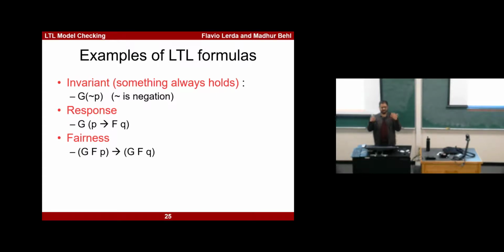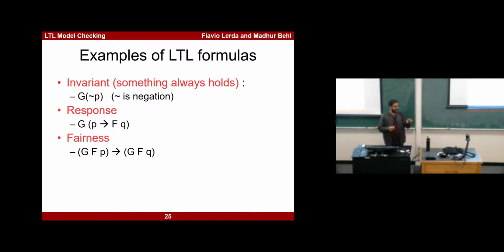Let that settle in. It might not be true if we sample a trace of just 10,000 finite elements. It might not be true that P and Q occur equally often there, but over the infinite trace, this is the same as saying, which is why it's called fairness, that they occur equally infinitely often.